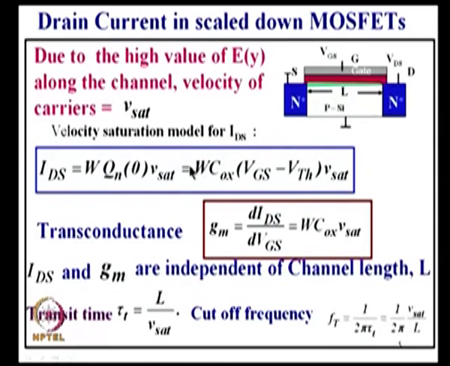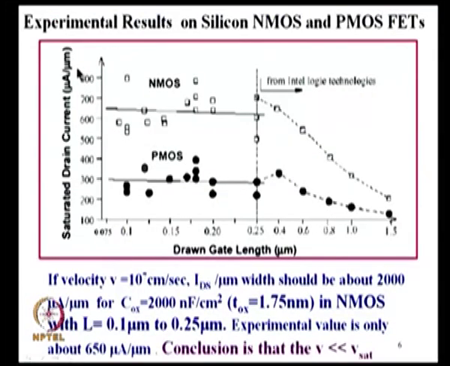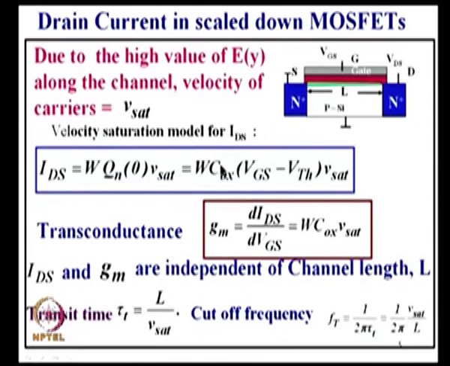Usually, they define the current as drain current per micrometer width of the channel. What they have given in the experiment is per micrometer, so W is 1 micrometer. When you substitute 2000 nanofarads and 10 to the power 7, the product is 20, 20 into 10 to the power minus 4, since 1 micrometer is 10 to the power minus 4 centimeter.